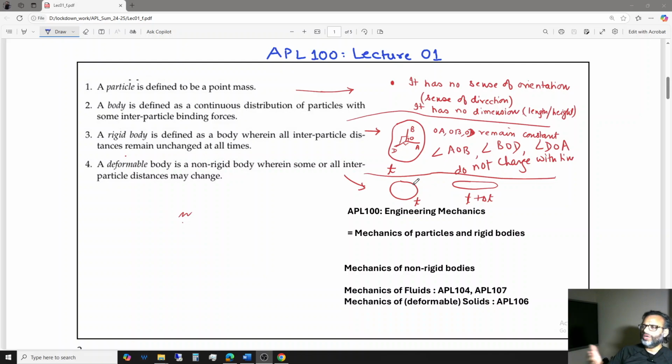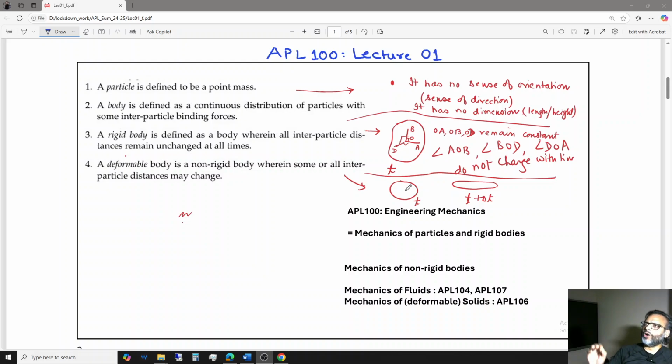And I hope you will agree, looking at this crude picture itself, that if you consider 2 points on this body, the distance may change from t to t plus delta t. And again, if you consider 3 points and focus on the angle that exists between OA and OB, that angle may also change at different time instance.